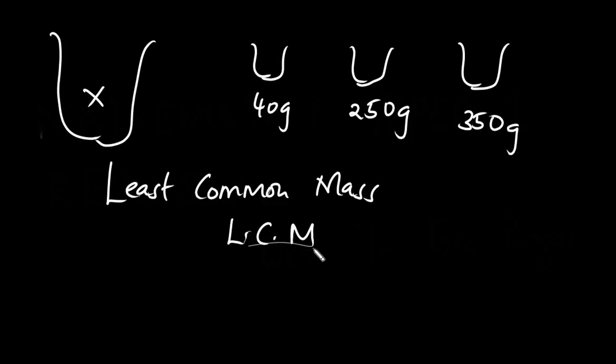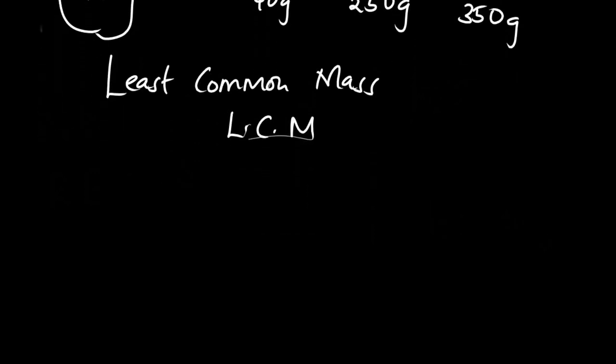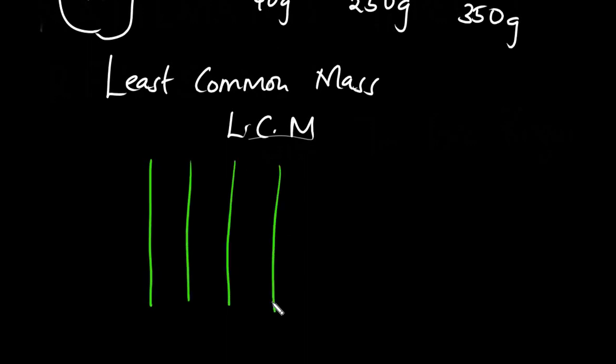Now I know there are several ways of getting the LCM, but we're going to use the one whereby we draw some kind of a table this way, and we're going to have 40 there, and then 250, and then 350, and then we're going to start dividing through with the least prime number, which is 2.